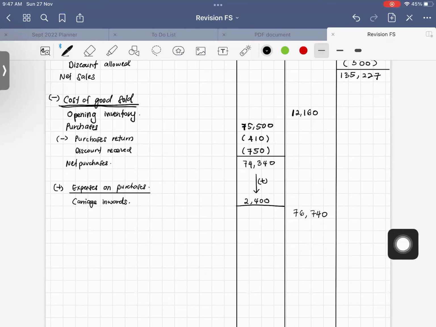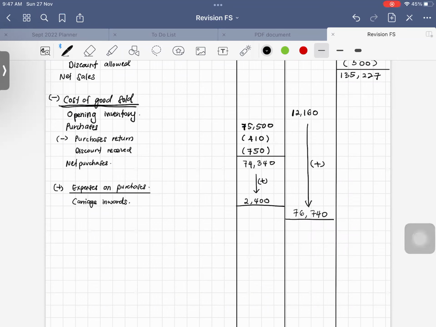Okay, so then what you need to do, you have to plus your opening inventory 12,160 with your purchases value after you minus and also plus your expenses on purchases earlier, this 76,740. You have to plus with the opening inventory 12,160.